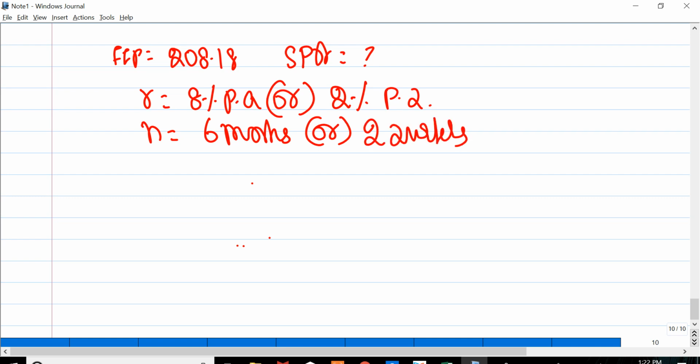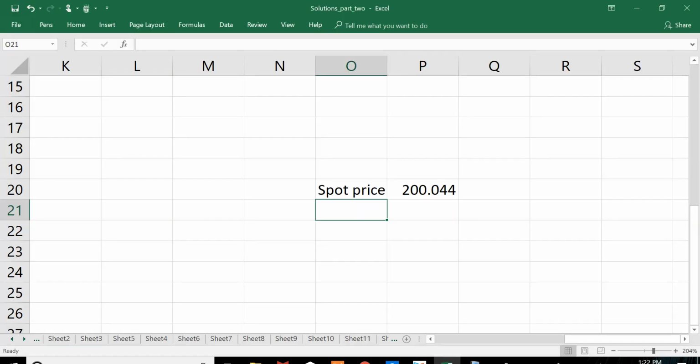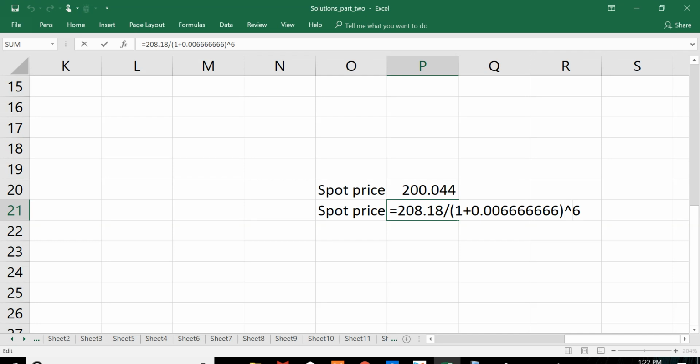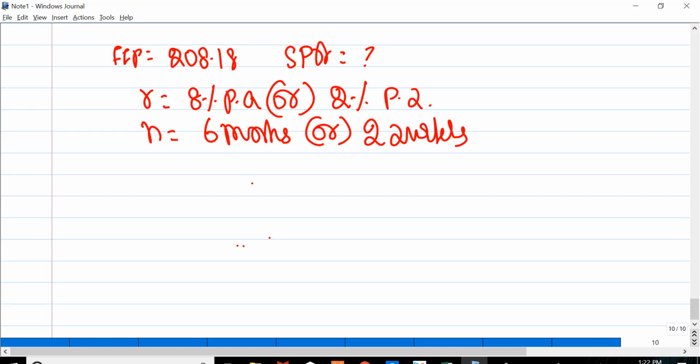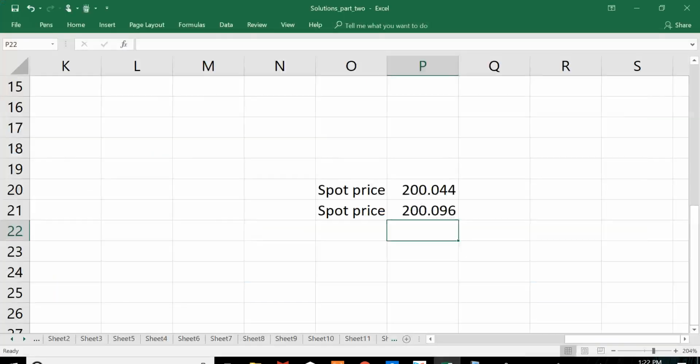Quarterly compounding means I want the quarterly information. 6 months are 2 quarters. A slight variation in the answer, you may not see a major variation. 200.096. Earlier it was 200.04.